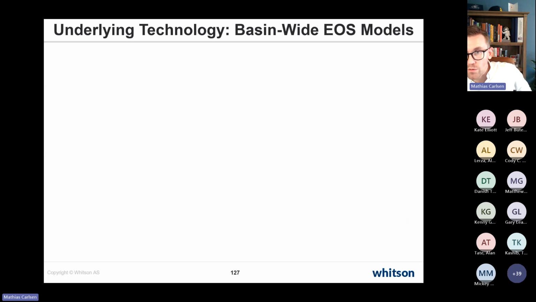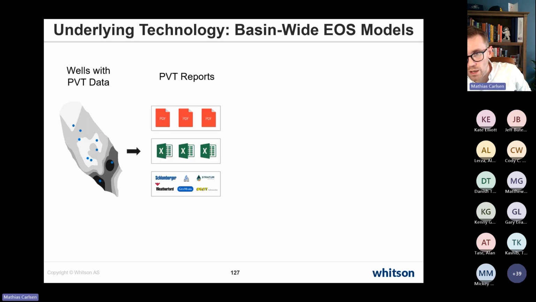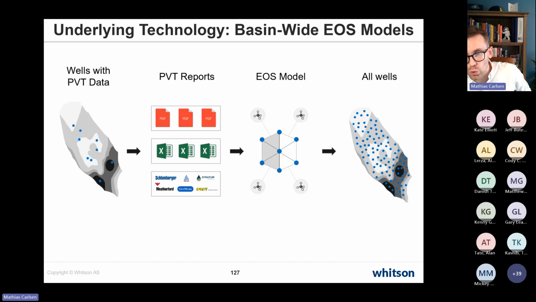What we've done in all of these different unconventional basins is to take all the PVT data in the basin from all the different well locations, in all kinds of different formats from all the different labs, because all the labs have different calibration techniques and whatnot. We created one field-wide equation of state that you can use as a tool to predict PVT properties really accurately on every single well you have, even without much PVT data.